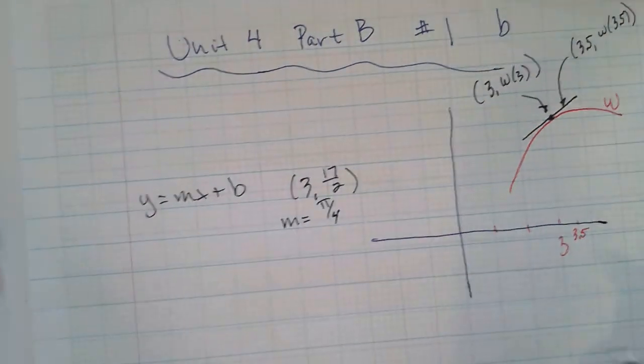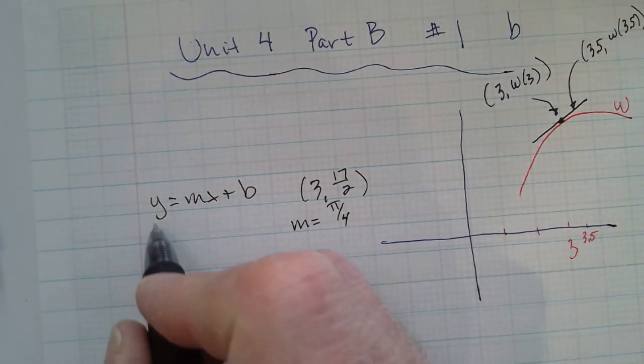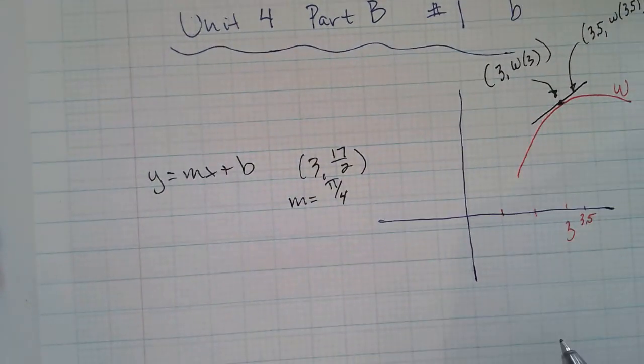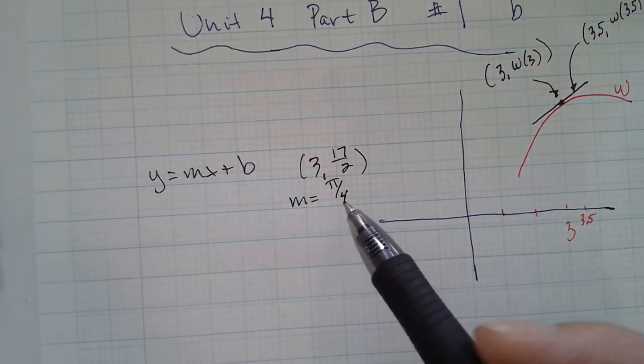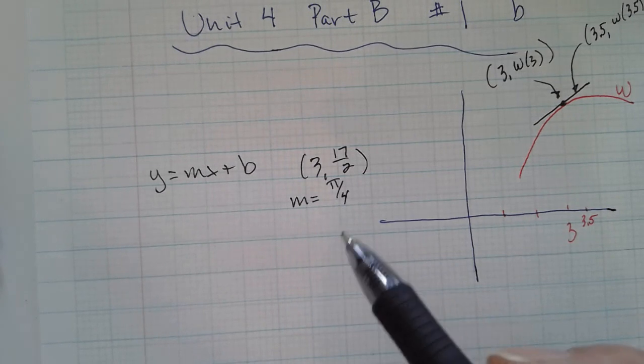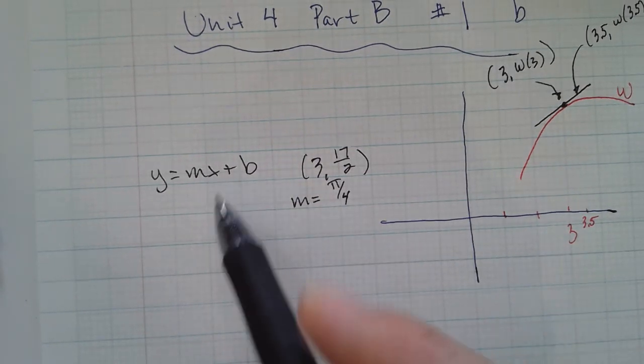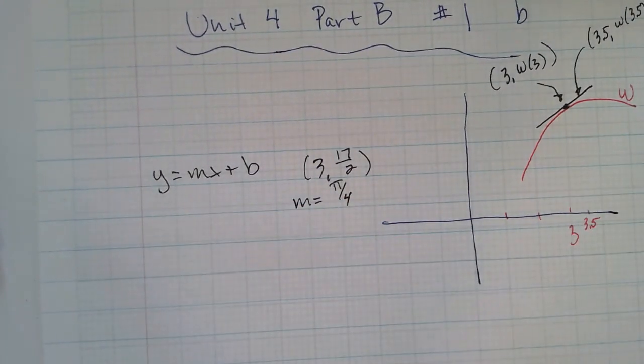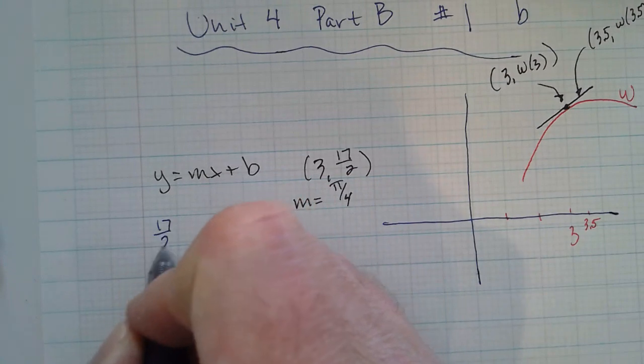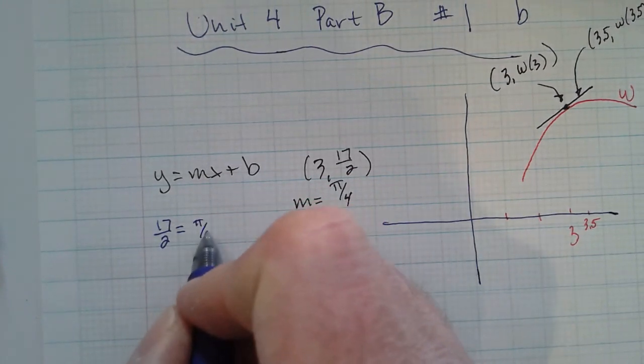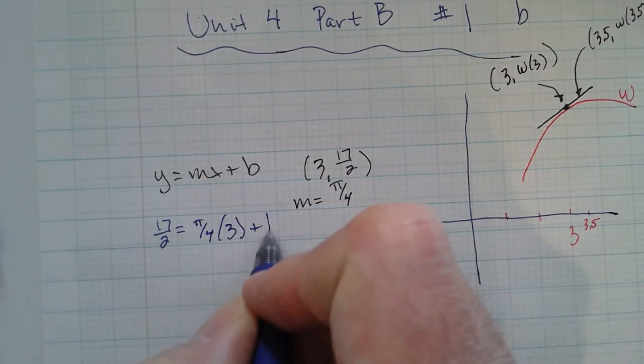So we can do y equals mx plus b. They always end up doing point slope. I always like slope intercept. Two different forms to get the same equation. All right, so 17 halves equals pi over 4 times 3 plus b.